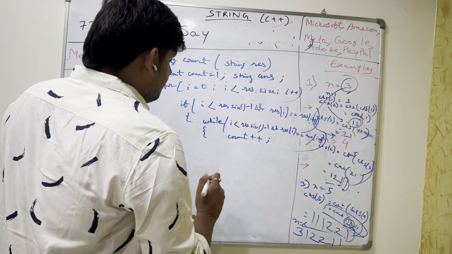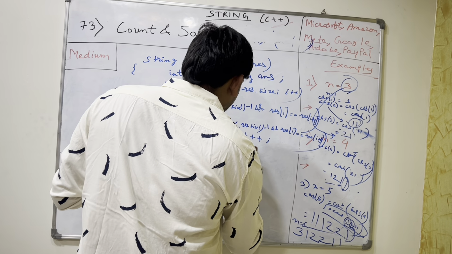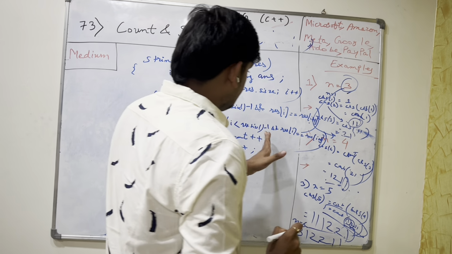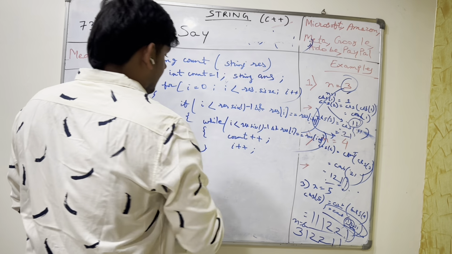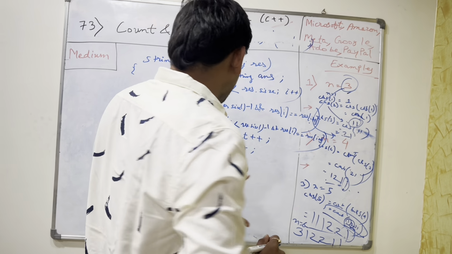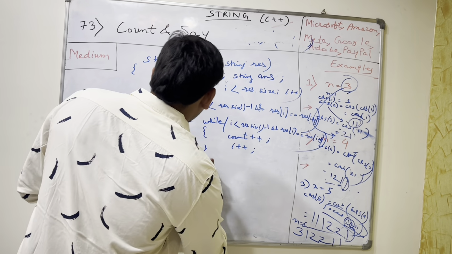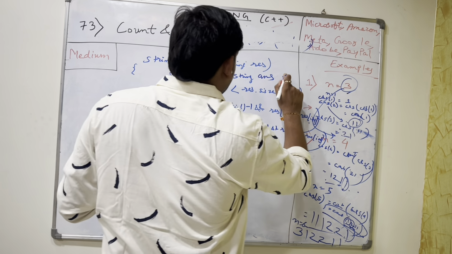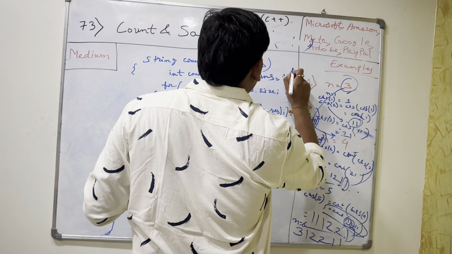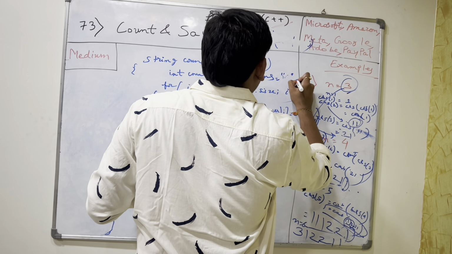Fine. And then we will also increase the value of i and keep on checking till what time this holds. Once this condition fails, the while condition will go away, then we will have the value as answer, and we will append. Answer is actually an empty string.